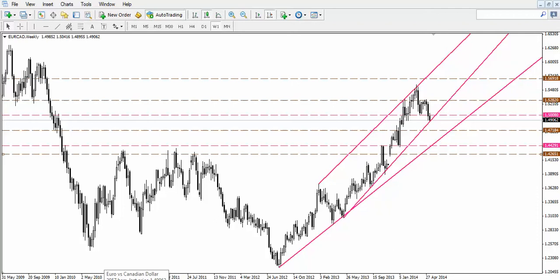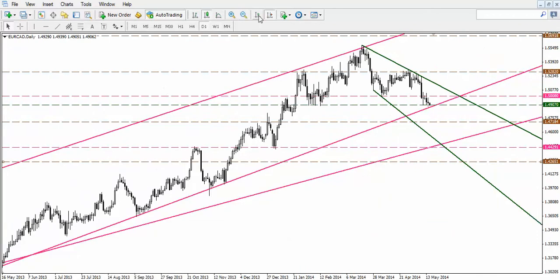Onto the daily chart, and as you can see here, these are the weekly trend lines. I've added a couple of levels of daily support. We're actually right on daily support here, and the weekly trend line, so it'll be interesting to see what happens.